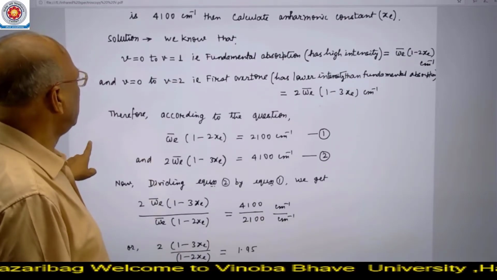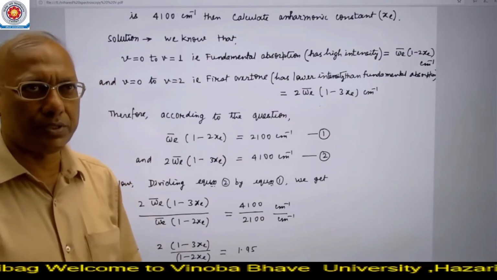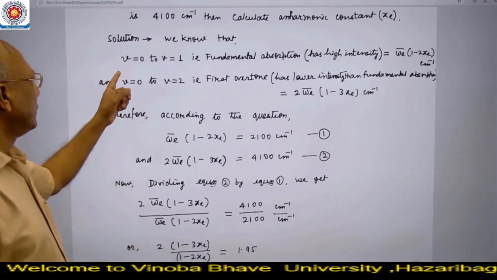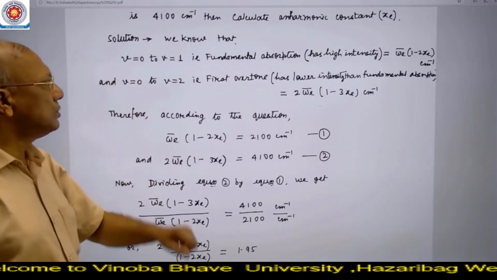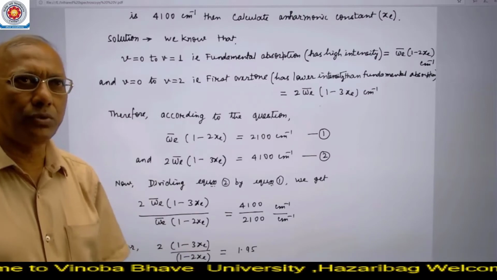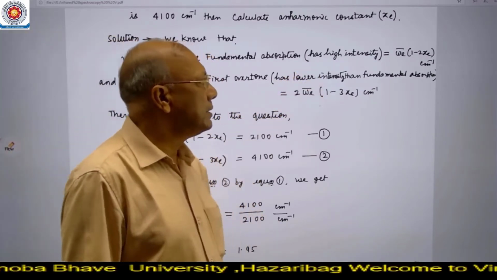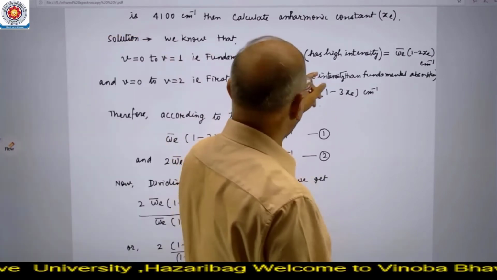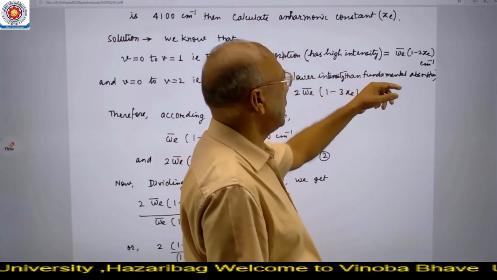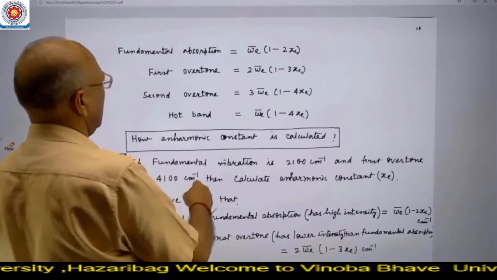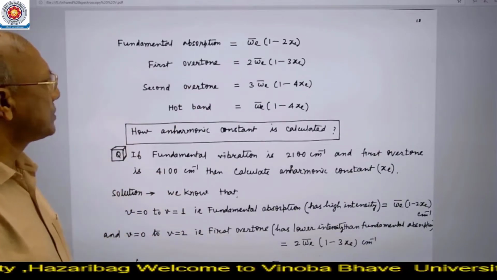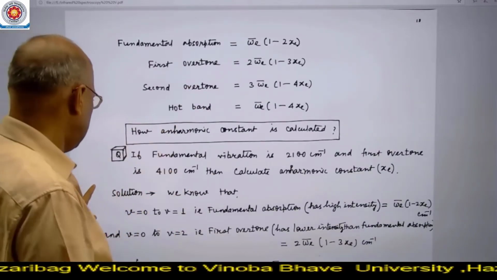We already know from previous lectures that when the transition is from V equal to 0 to V equal to 1, it is called fundamental absorption, and it has very high intensity, and the value of this fundamental absorption is omega E bar into 1 minus 2xe, as I have written in the previous lectures and also in this lecture.